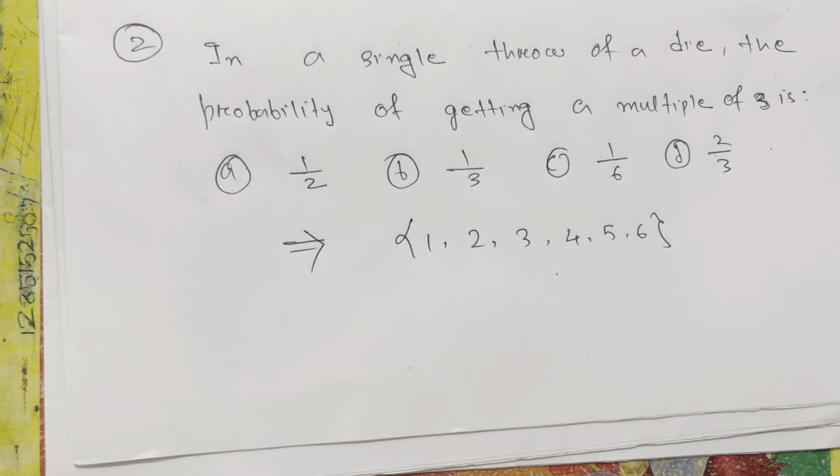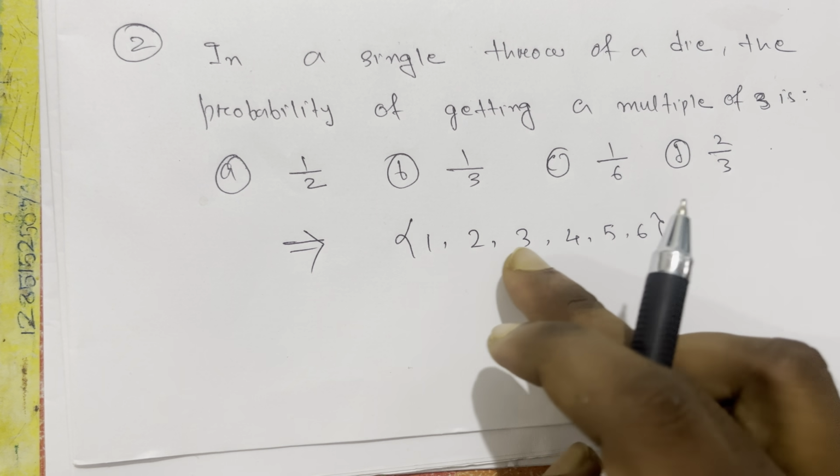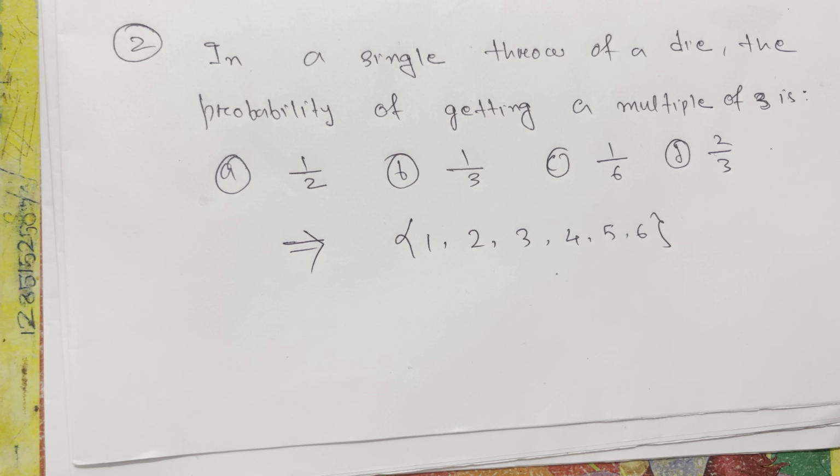So if you throw a die, there is a chance for only these outcomes, 1, 2, 3, 4, 5 and 6, because there are 6 outcomes, 1 to 6. If you throw a die, out of these 6, one number will come.